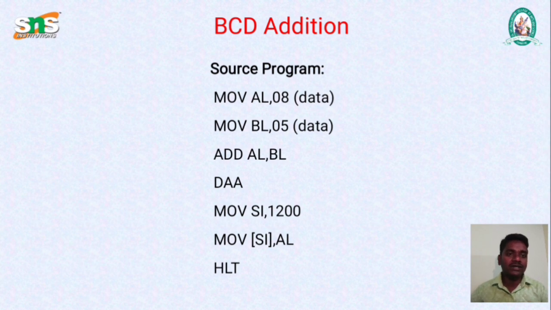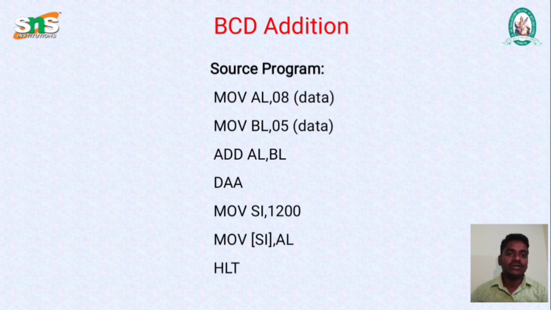After addition of these two numbers, we are going to convert into decimal numbers. DAA means decimal adjustment after addition. Before this, we are handling only hexadecimal numbers: 8 plus 5 gives 0D.